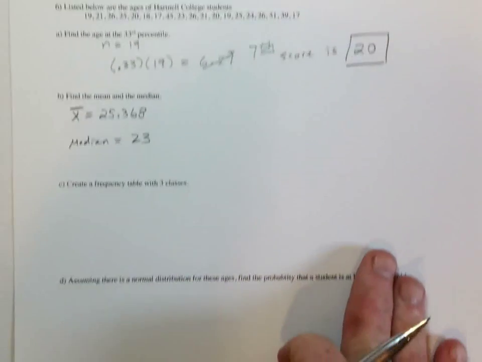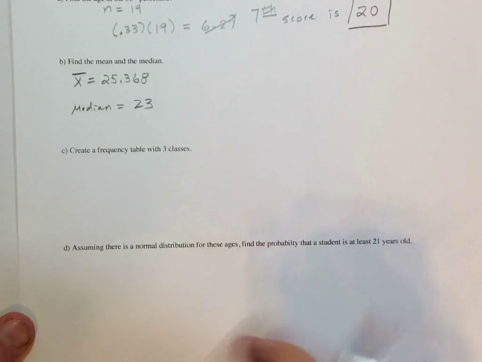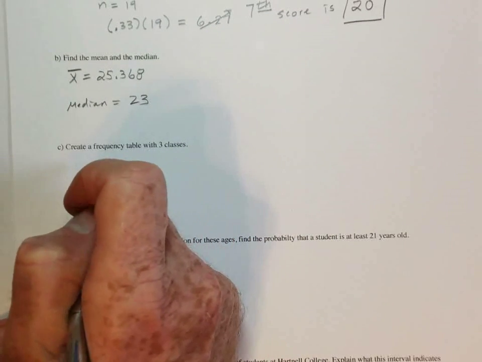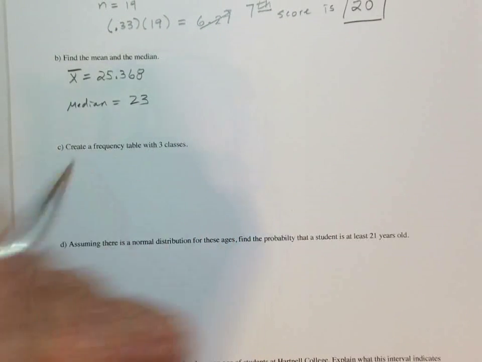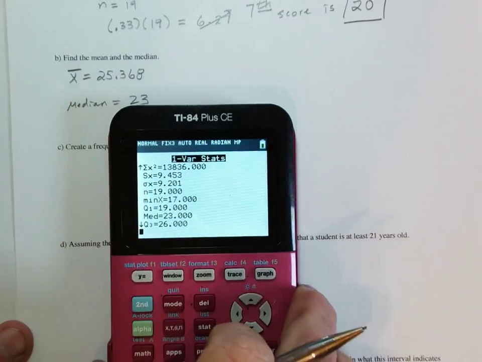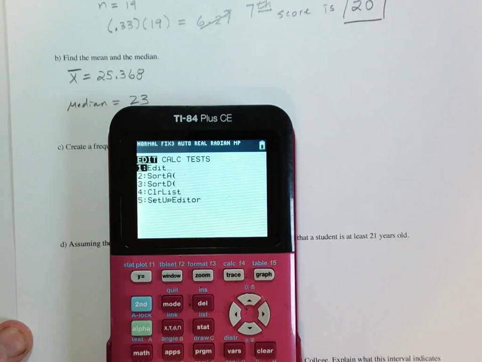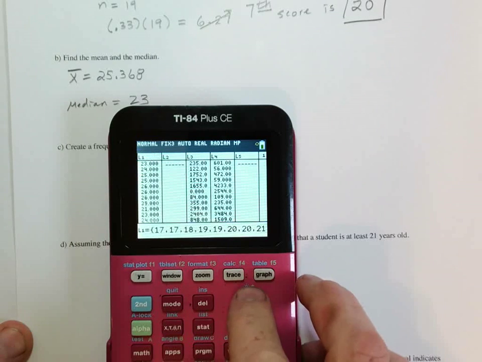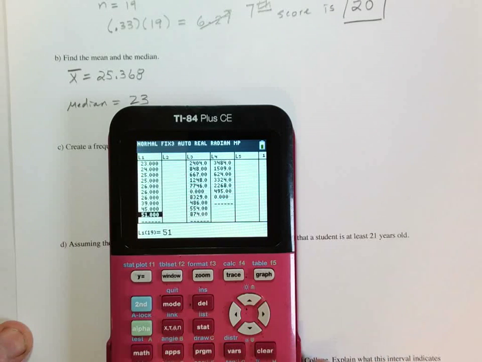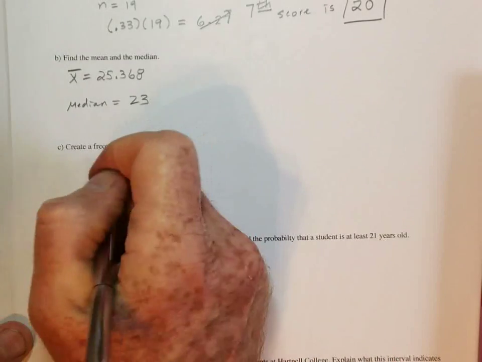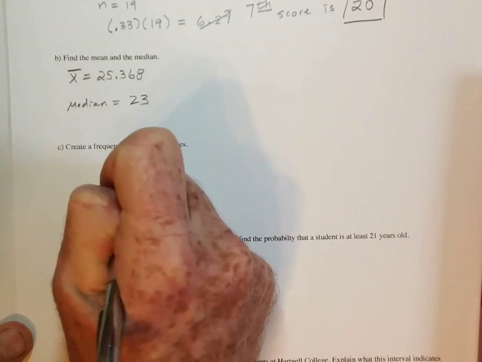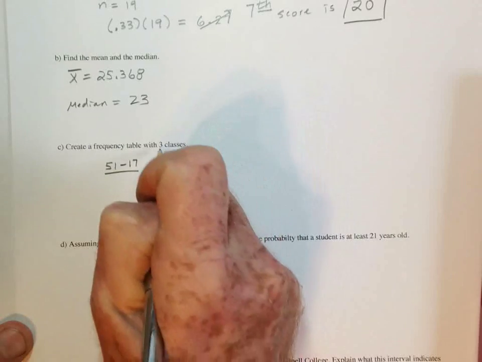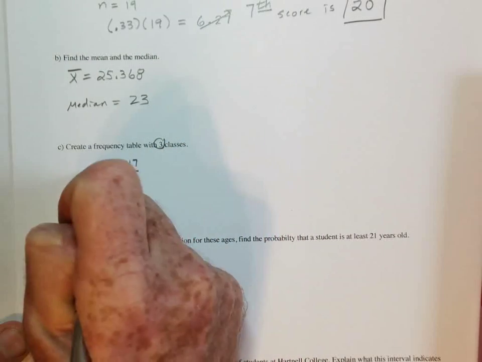Now create a frequency table with 3 classes. So first of all, you take the oldest person, and since I have these in order, I can take a look at the list. The youngest person is 17, the oldest person is 51. So you subtract their ages, 51 minus 17, and then divide that into 3 equal classes.